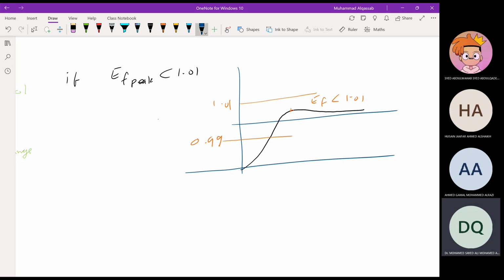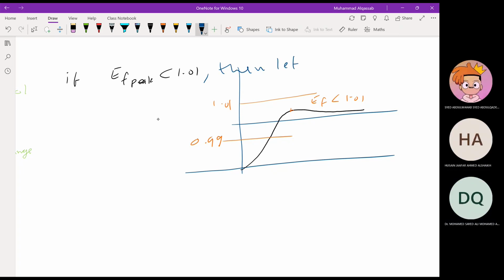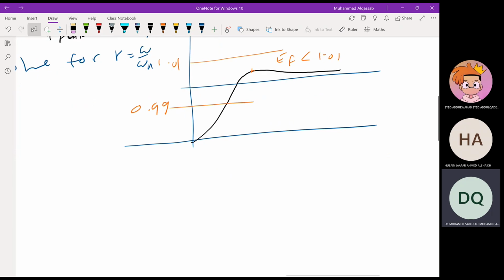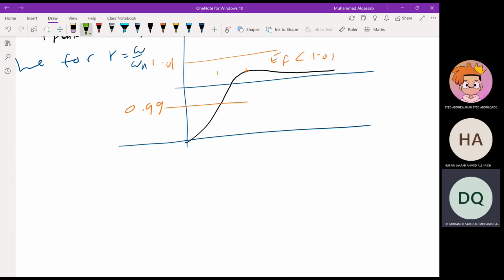In this case, we choose the error factor equal to 0.99, and we solve for R, which is omega over omega n. There will be only one value. As you can see, the intersection with the curve is only at one point. So this will be the lowest error factor. This is the useful range.